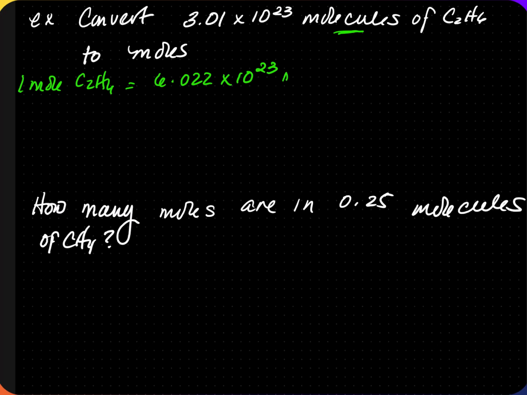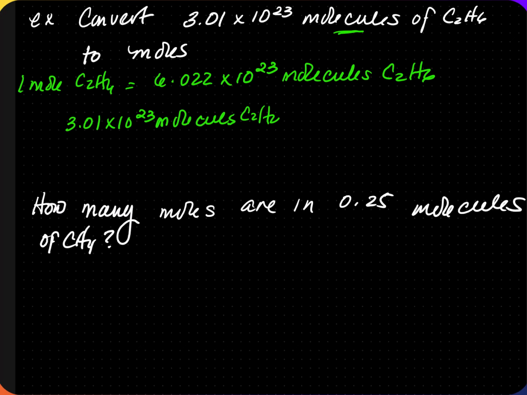The units are now molecules of C2H6. So I'm going to start with what's given, which is 3.01 times 10 to the 23rd molecules of C2H6. We need to write units and we need to write the elements or compounds. Diagonal units cancel out because this is, again, dimensional analysis. They have to cancel out.